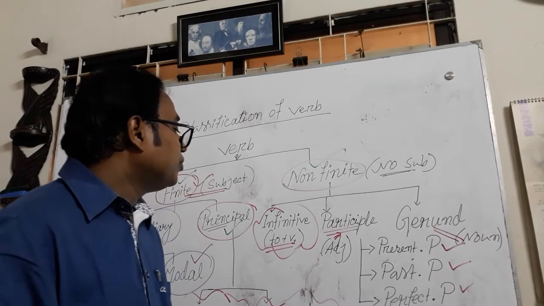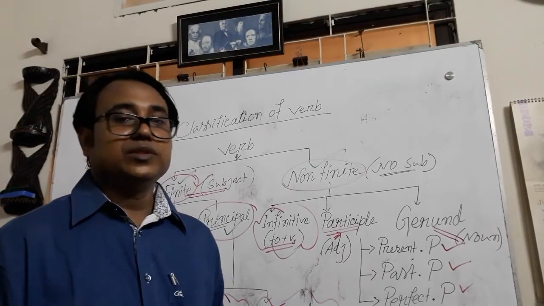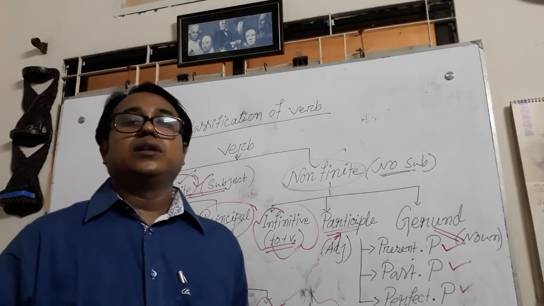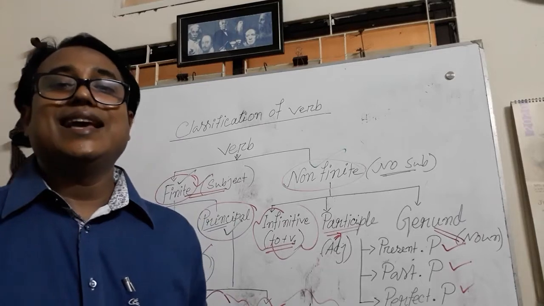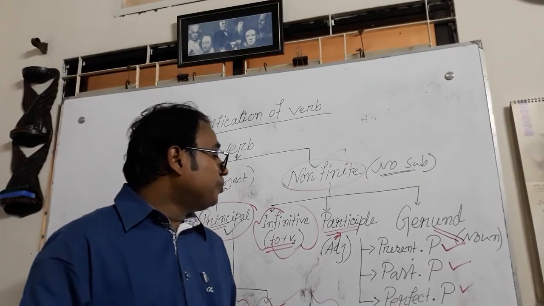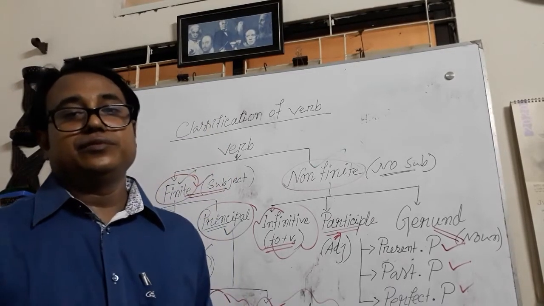Now, first of all, what is present participle? You know, present participle means the base form of the verb plus ing, and past participle means the past form of the verb.